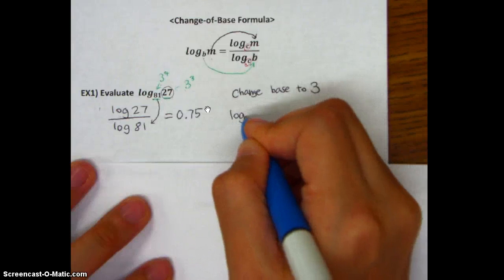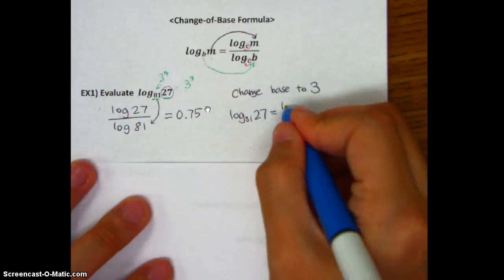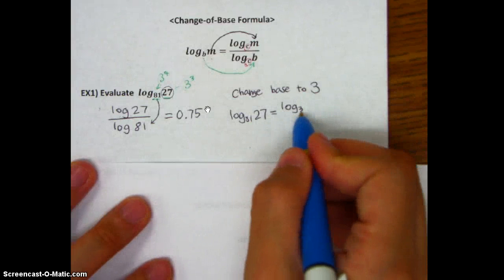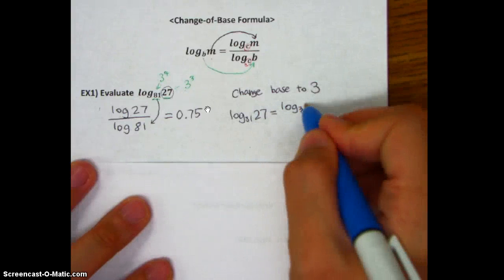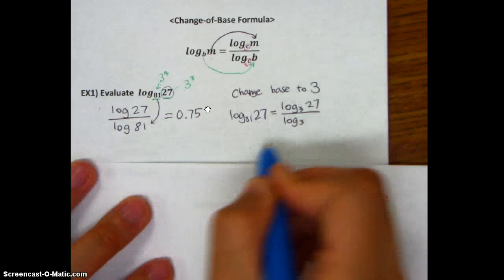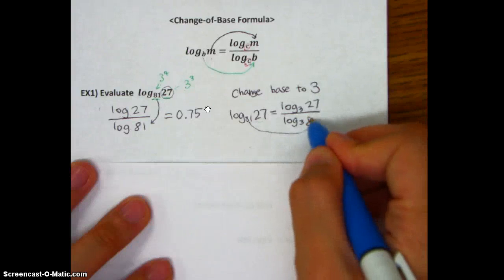So log base 81 of 27 is the same thing as, I'm just gonna change to base 3. Log base 3 of the argument, which is 27, over log base 3 of the base, which becomes the argument, so it becomes 81.